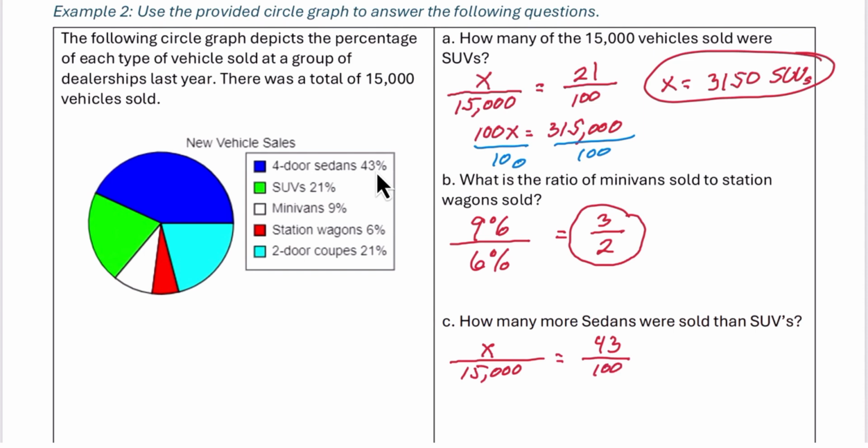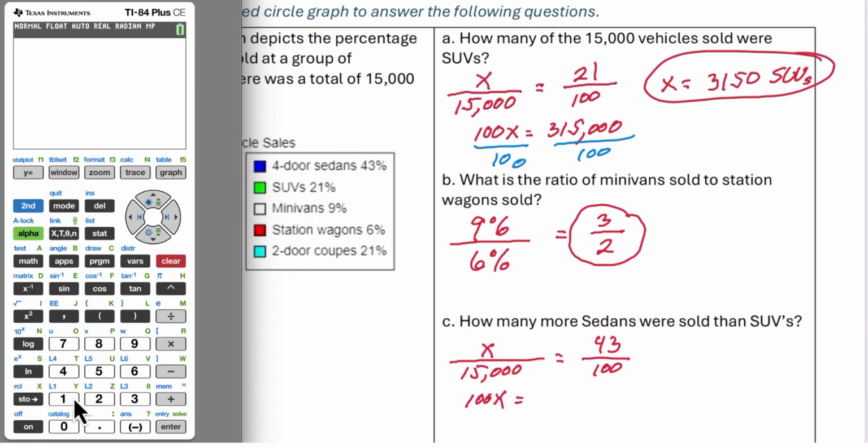Now to solve the proportion, we will cross multiply. 100x equals, we need to multiply now, 15,000 times 43. And this will give us 645,000.